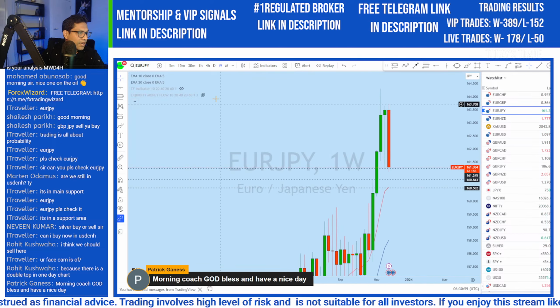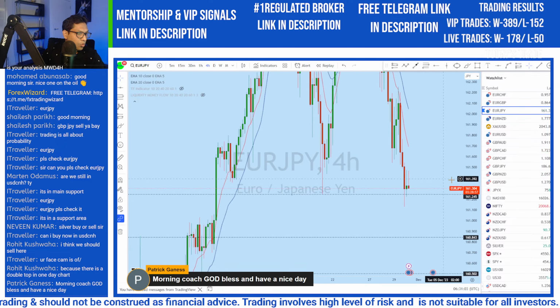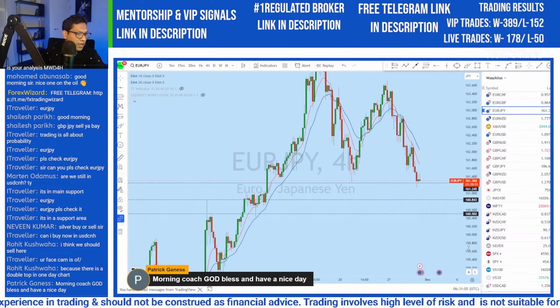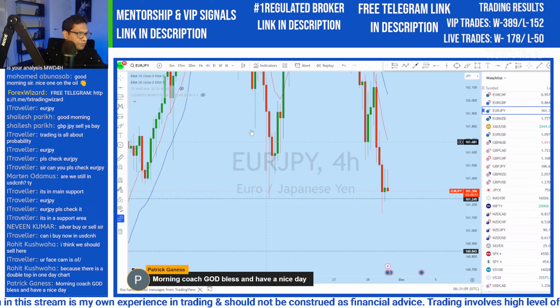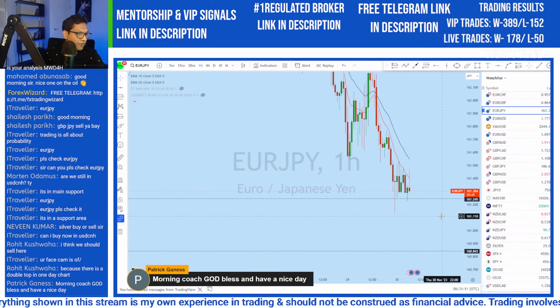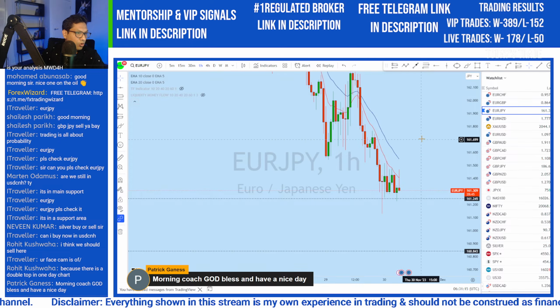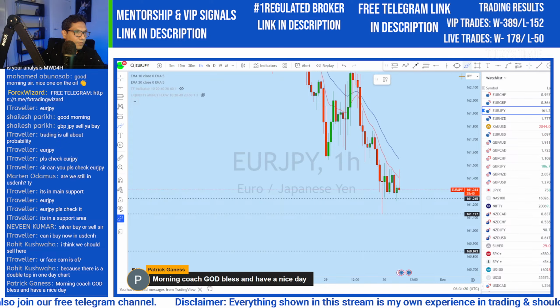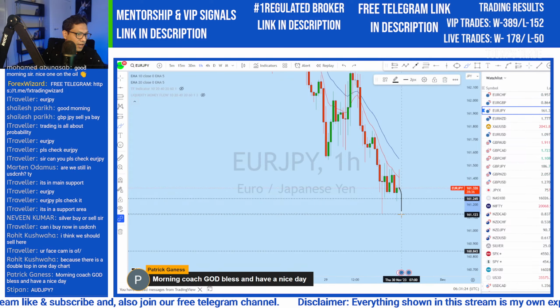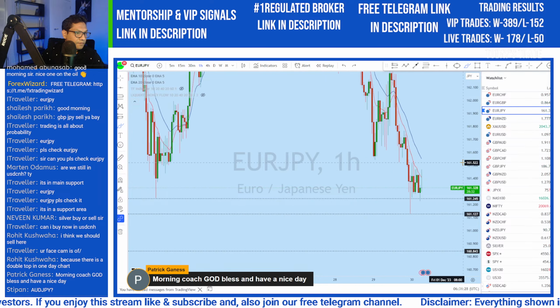Now with that said, we can expect the price to come down and then give us a suitable entry opportunity. From the lower time frame, I will be waiting for the price action confirmation. This is a very important level of support on Eurojpy. With that support we can expect a double bottom and then a break to the upside.